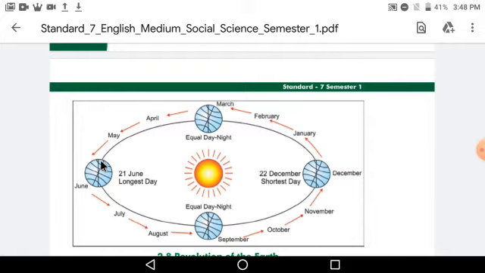In these two parts, the north and the south, whenever the sun rays fall directly on this portion, they can feel 6 months of days, and while revolving, this position changes to the backside.